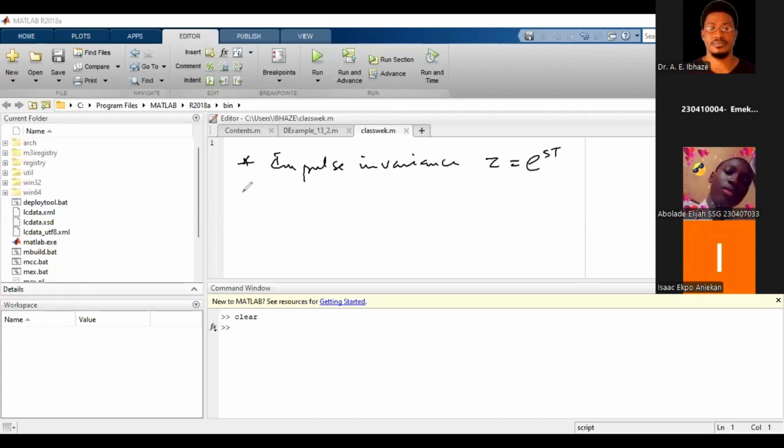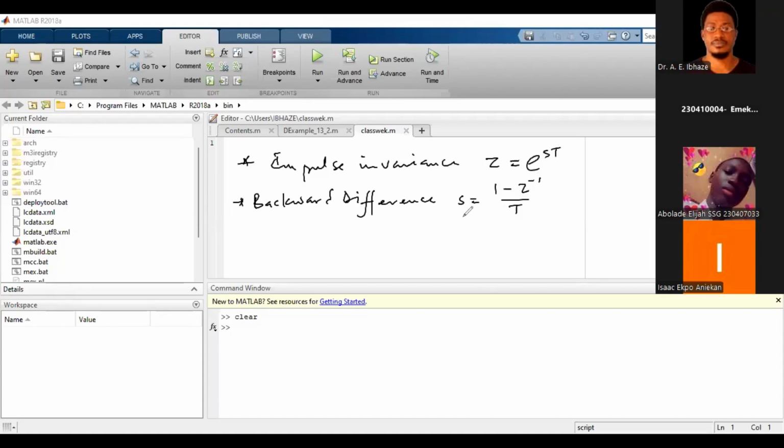I think another one is the backward difference transformation. Here, we can transform the continuous time signal in the S domain into the Z domain. I think that should be 1 minus Z inverse over the time period.